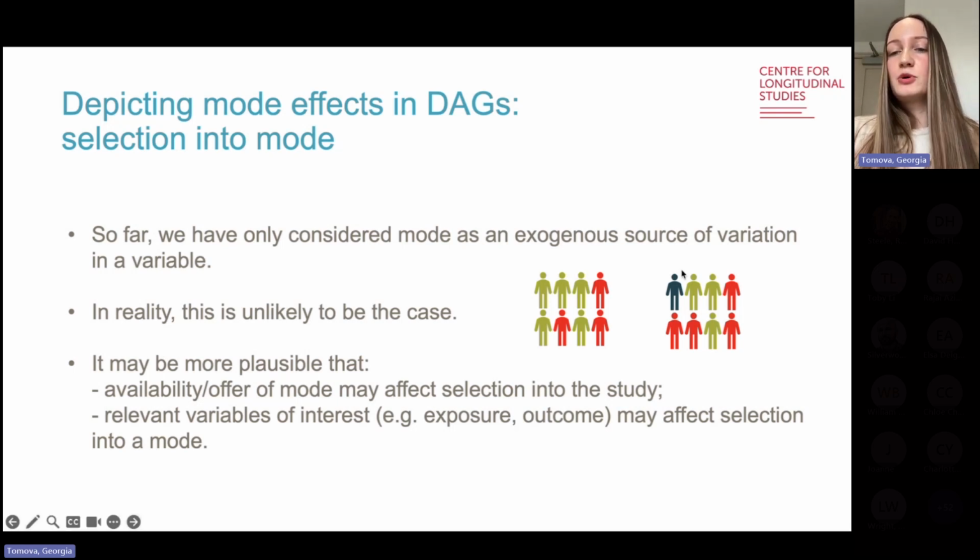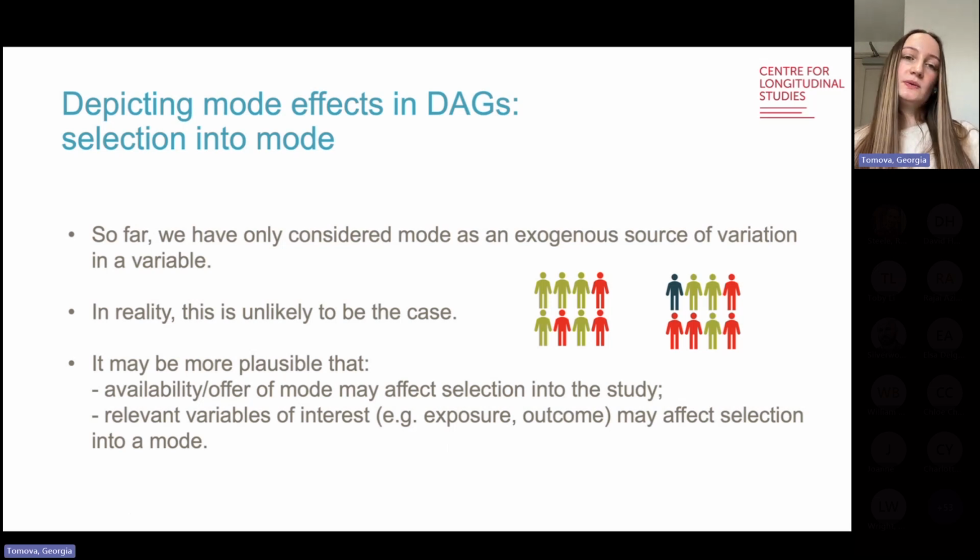For example, if someone is not an internet user, then we will not have people with this characteristic in the web mode. But also, certain relevant variables of interest, mainly the exposure and the outcome here, might affect selection into a mode themselves.